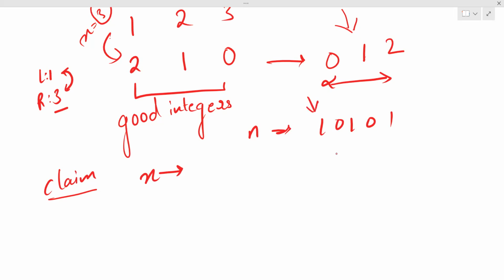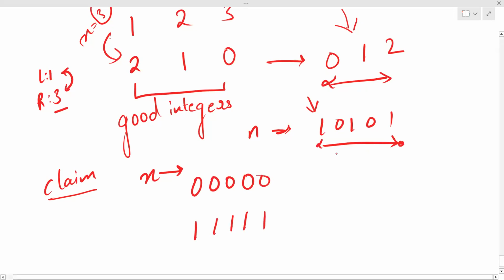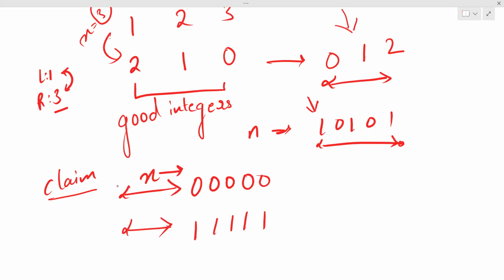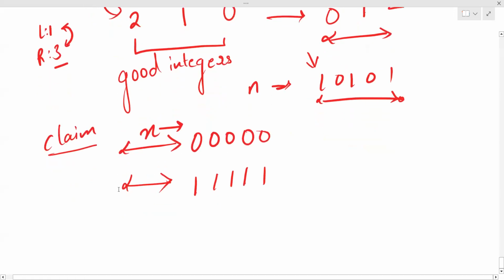So for all of these bits, from the 0th bit to the most significant bit, either all of these bits are going to be 0 in my X, or all of these bits are going to be 1 in my X. We are not worrying about the bits that appear in front of the most significant bit of n, but all of these bits will either be 0 or 1. Why? Now let's prove it.